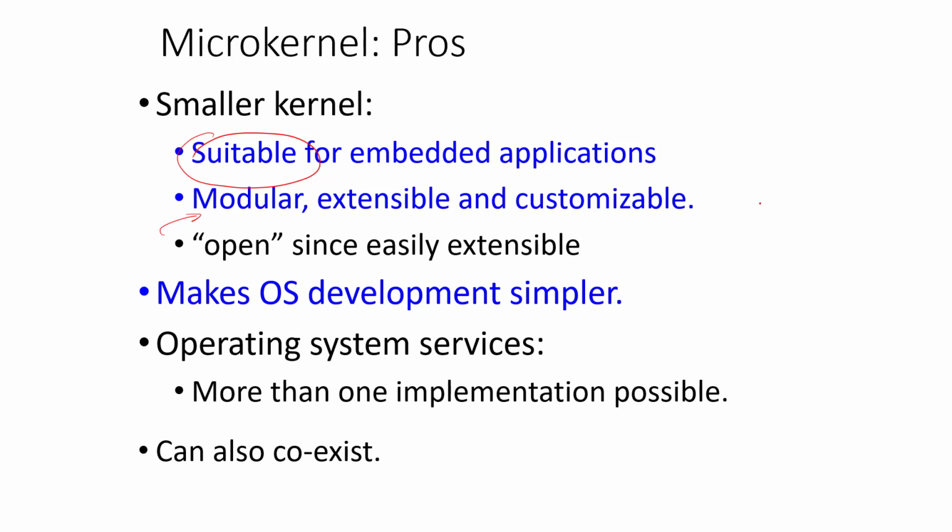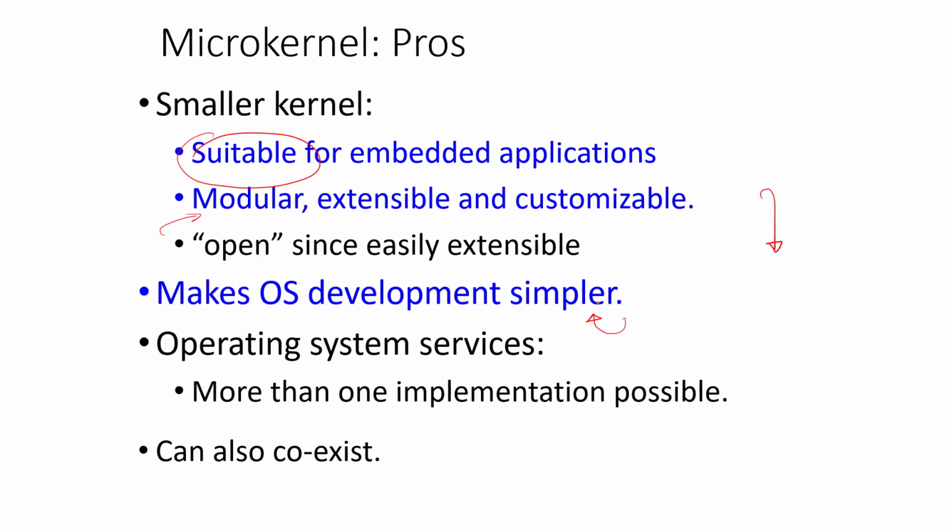Also, if we have real time requirements and we find the kernel to be coming in the way, again we can go for a microkernel based design where it will be possible for a user process which has a high real time requirement to execute in the place of kernel processes. As such, a school of thought does argue that a microkernel based approach makes OS development simpler because it distributes the design and you have well defined interfaces between components.